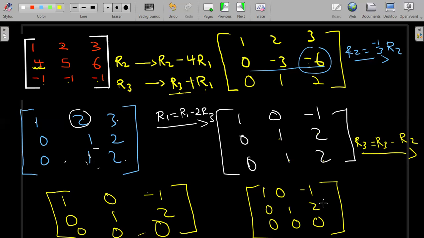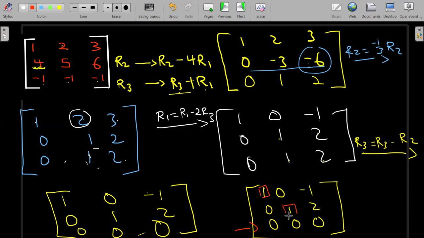Anyone who has a different opinion there, do you think it is in reduced row echelon form or it's not? It is. Yeah, I also think it is. Why? Because the last row there only has zeros. The first row has a leading pivot, which is 1, and the other ones are zeros.